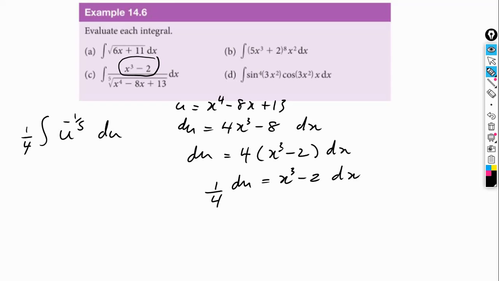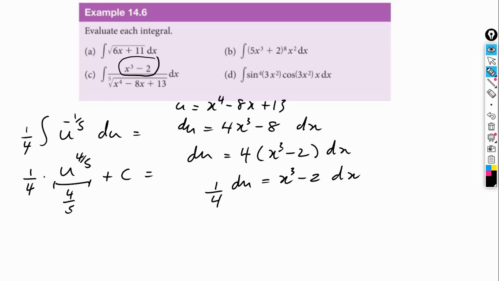The integral of this would be equal to 1/4 times u to the power of negative 1/5 plus 5/5, or plus 1, so it would be u to the power of 4/5, divided by 4/5, plus c.